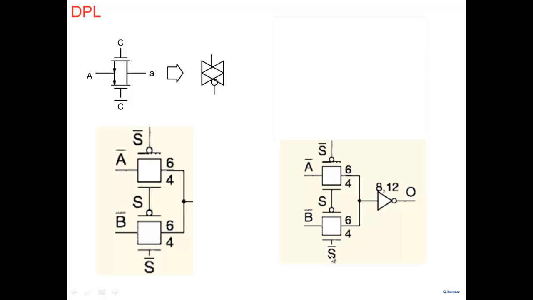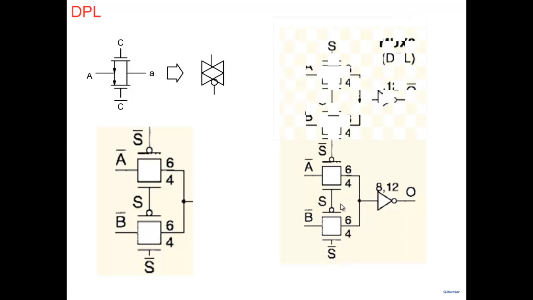So frequently what is done is, while you are generating this, you also generate this part here, the complementary part. You can see the upper part is exactly the same. If you have A bar, you get A, and if you have B bar, you get B. And the same inverter is there, so whatever output you get, you get a complementary output also.